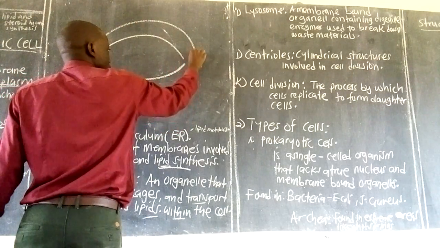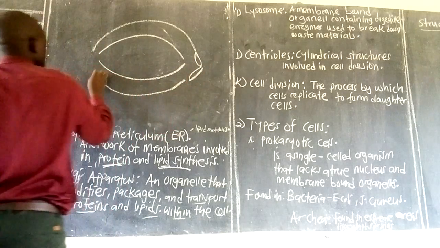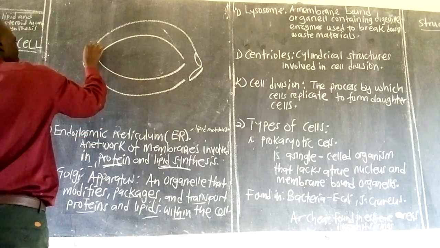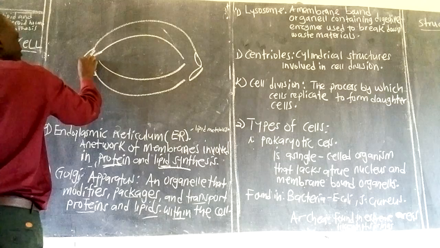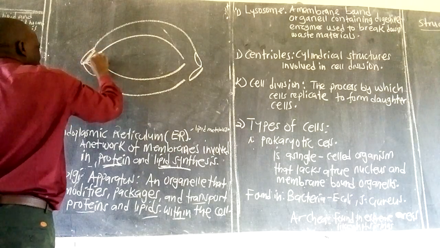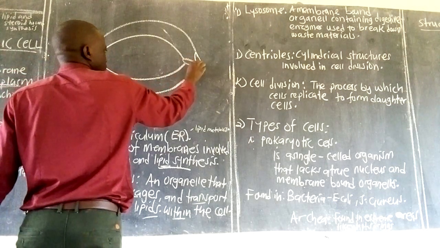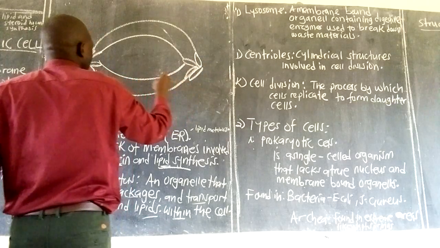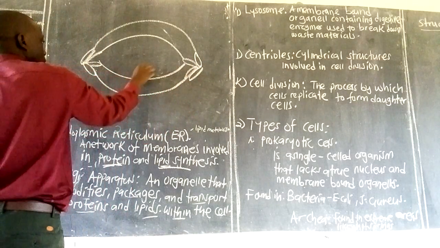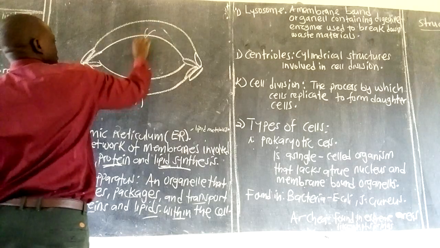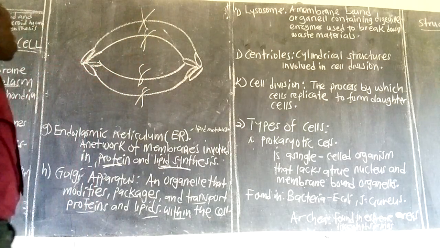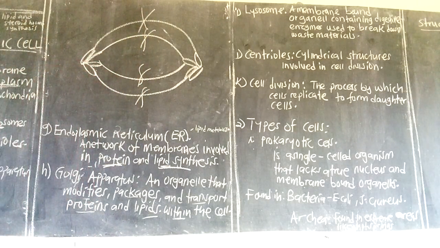So we always have centrioles like this. So if these are my chromosomes, let's say we are at metaphase, and these chromosomes have aligned themselves.